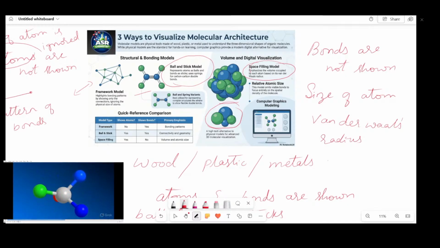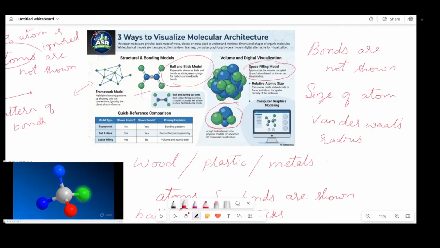Therefore, it covers the volume that is occupied by the atoms in each molecule. How much volume of an atom is occupied in the molecule is shown by the space filling model.